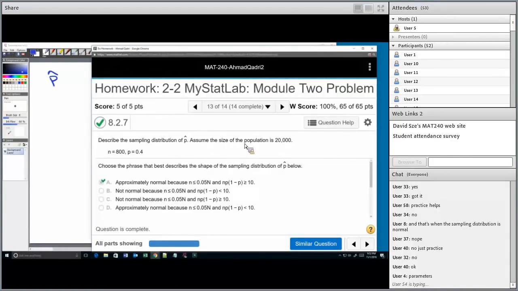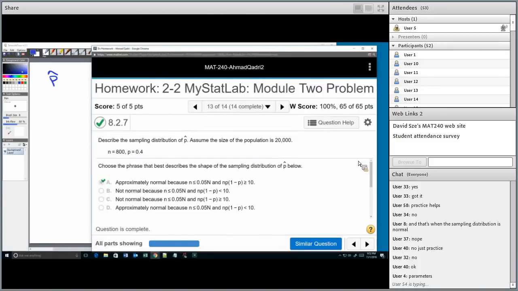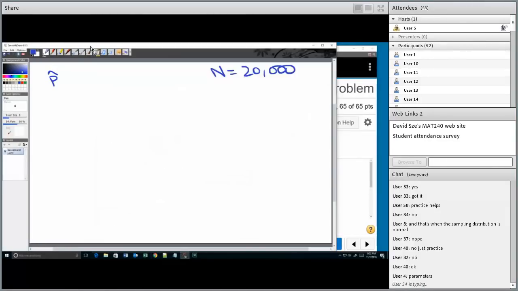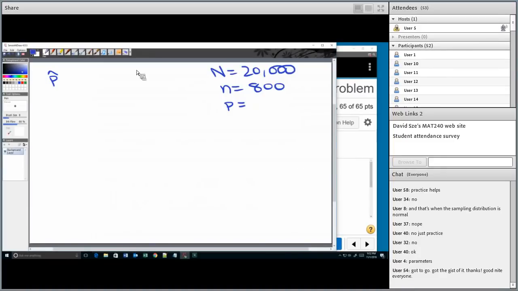Assume the size of the population is 20,000. So what they're saying is you have a population, big N, of size 20,000. And then your small n is 800. So you take a sample of 800. And out of the 800, you find that the proportion that you're interested in is 40% or 0.4.